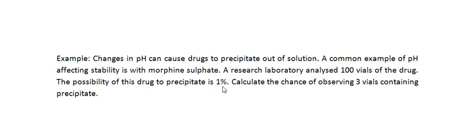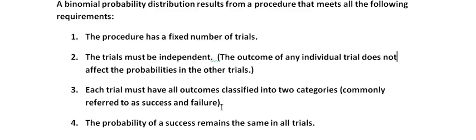This is from the 1%. Now the possibility of getting vials which are not precipitated, which is Q, equals 0.99. So in this case, all the requirements for the binomial distribution have been fulfilled.